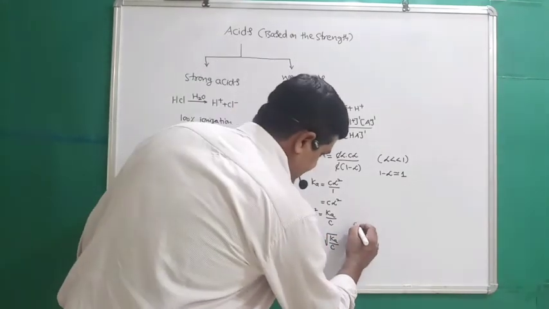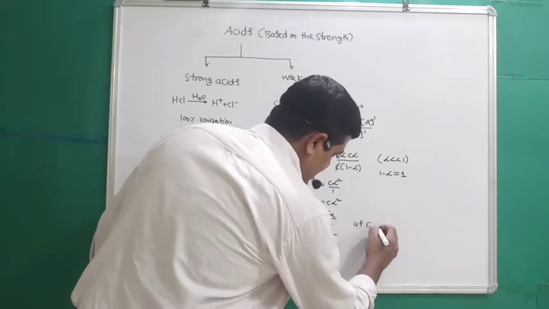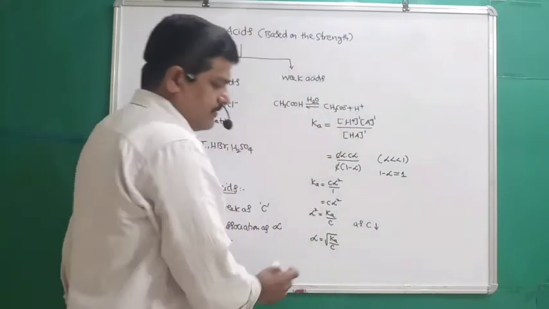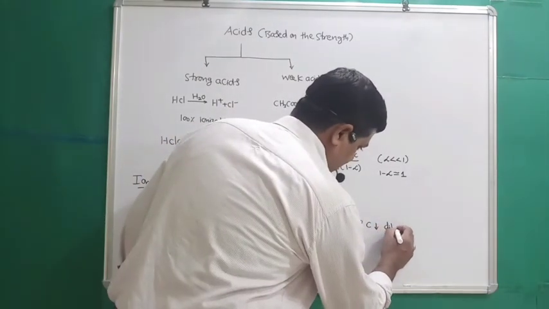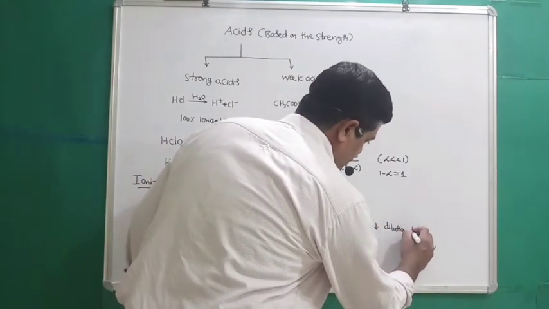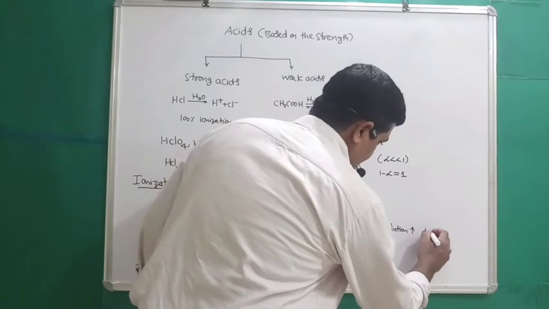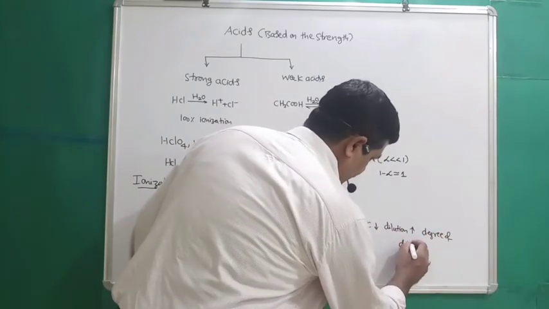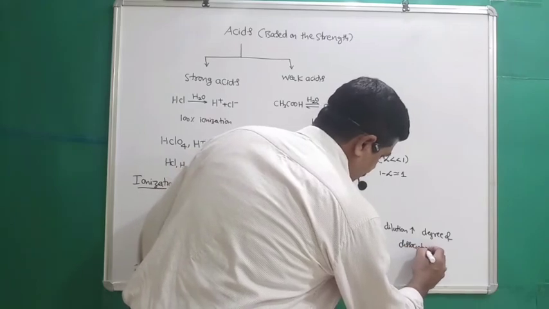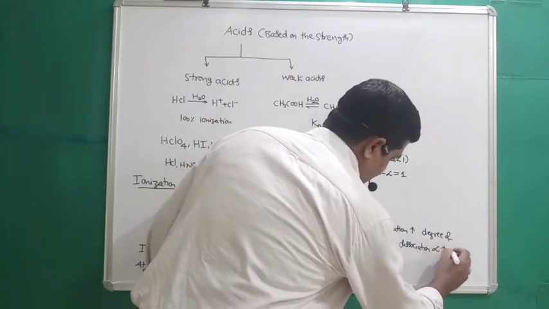So we can write it as concentration is decreasing. When the concentration decreases, it means dilution increases. Dilution increases, then the degree of dissociation, alpha, increases.